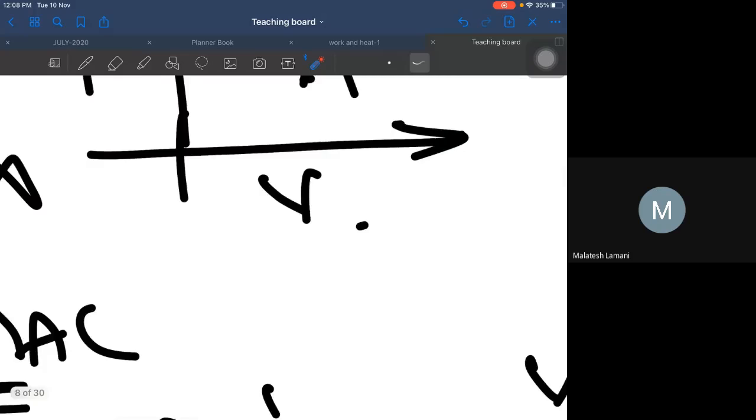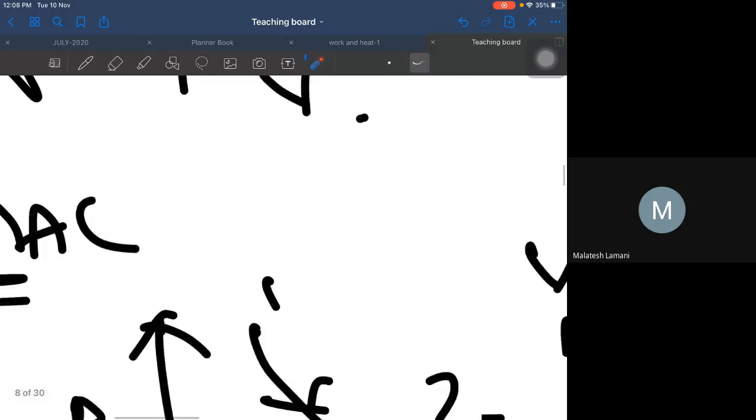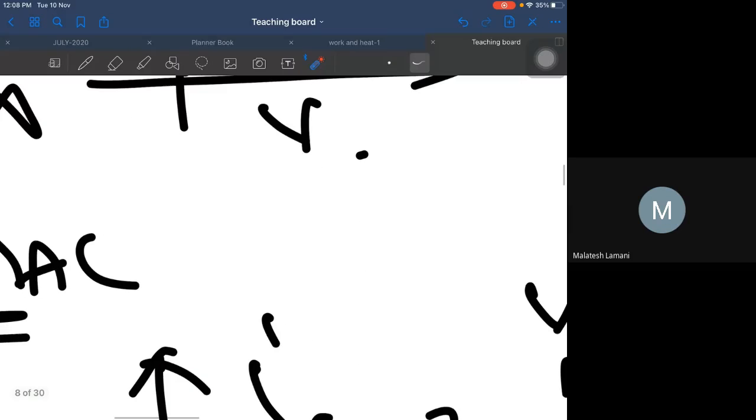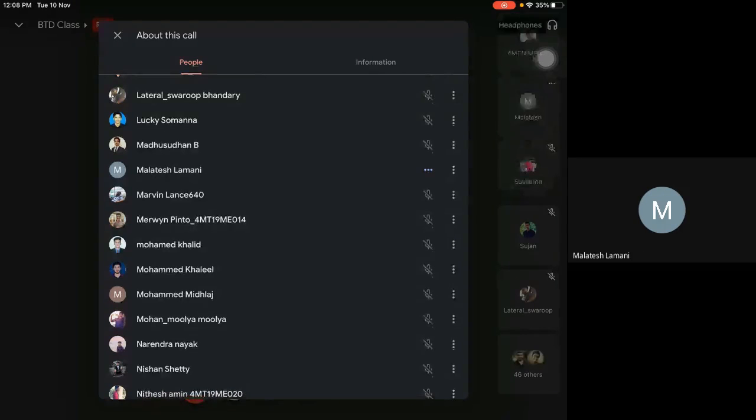When you come to the isochoric process, there is nothing below the process. You cannot calculate the area. That's why your work done from 1 to 2 for an isochoric process would be zero because there is no area under it. Clear with these concepts, everyone? Yes, sir.